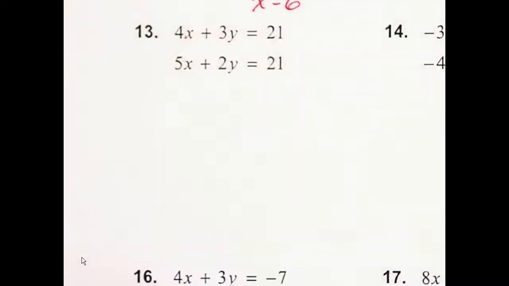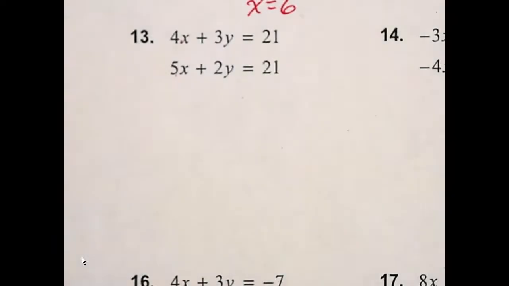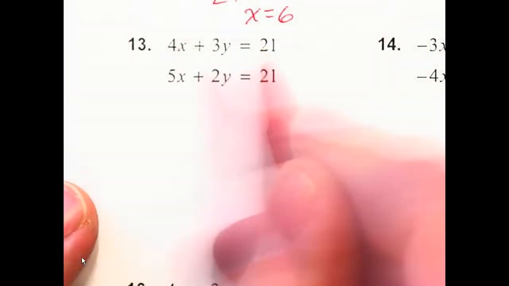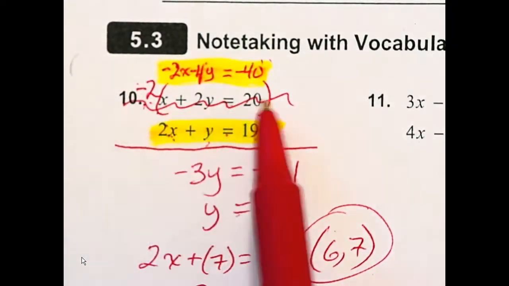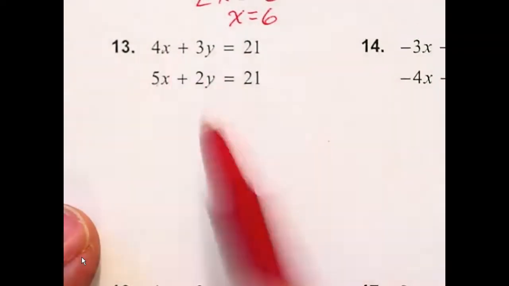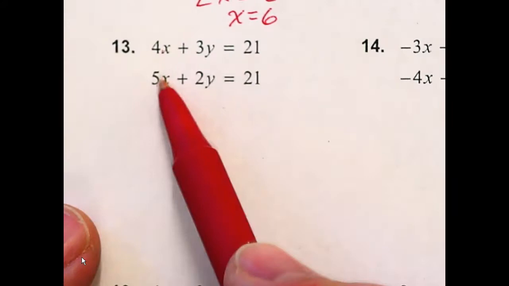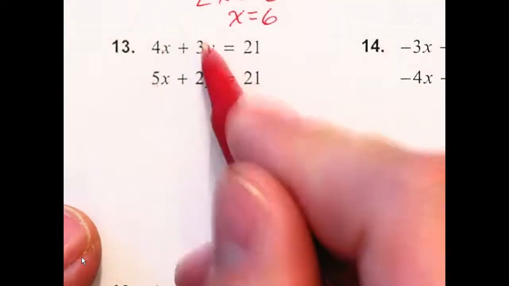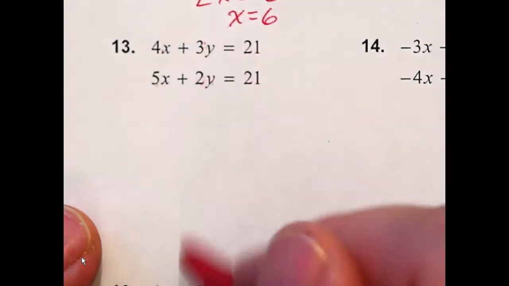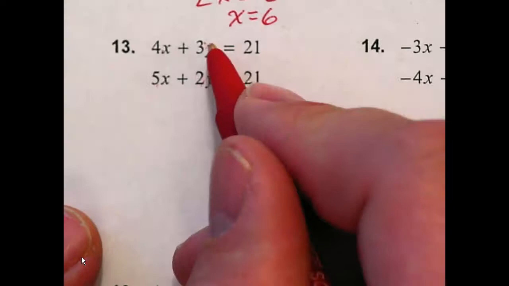Yes, but it wouldn't be a whole number. So when you don't have a situation where there are opposites and you can't multiply one of the equations, like we did in the top here, by negative 2, we're going to have to multiply both of them. So which numbers are easier to deal with, 4s and 5s or 2s and 3s? Probably the 2s and 3s, okay? So what do 2 and 3 both go into? 6. So what could I multiply the top by?